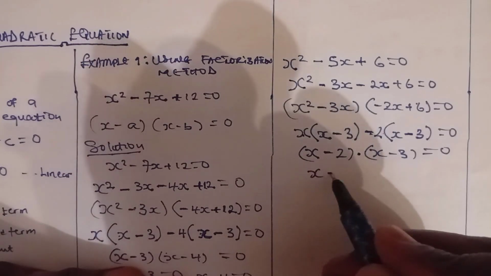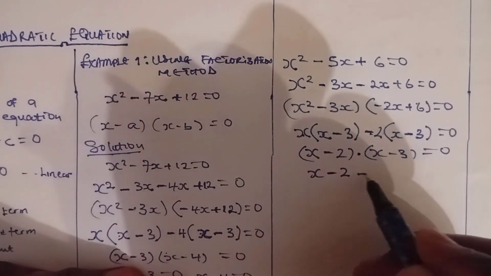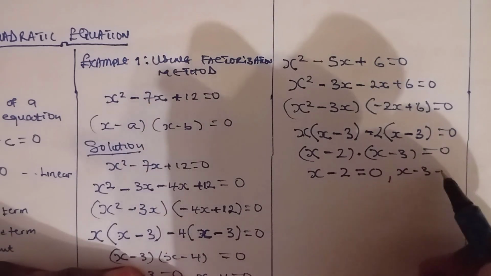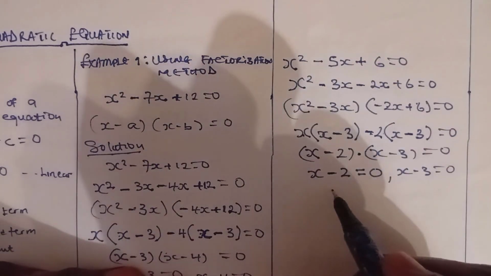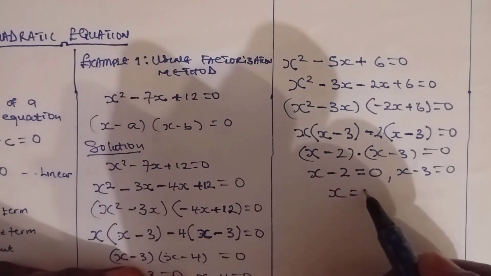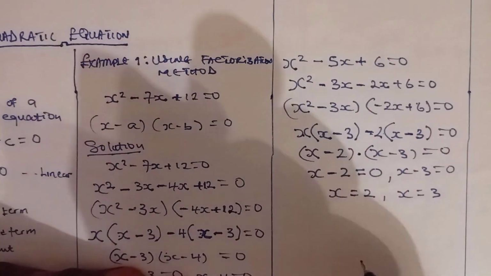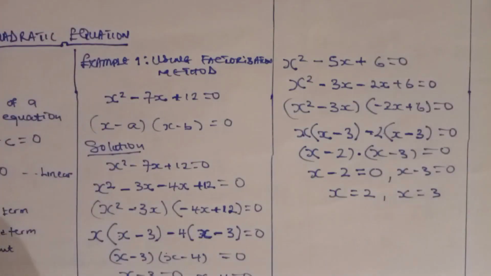This means that x minus 2 equals 0, or x minus 3 equals 0. And this means that x is equal to 2, or x equals 3. So this is the solution for example 2.